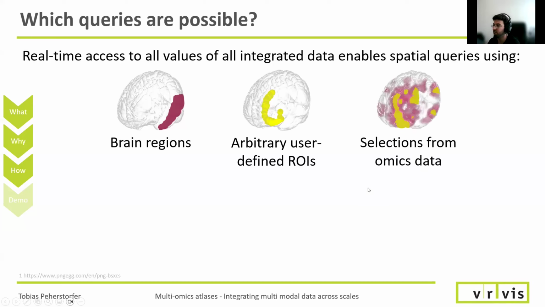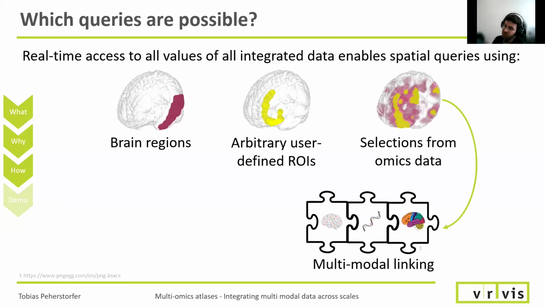And we can even create selections from other omics data. Let's say we load up a task fMRI activation signal, we threshold that, and we take all the voxels with high activity as selections, and we can then use these selections to query other data.